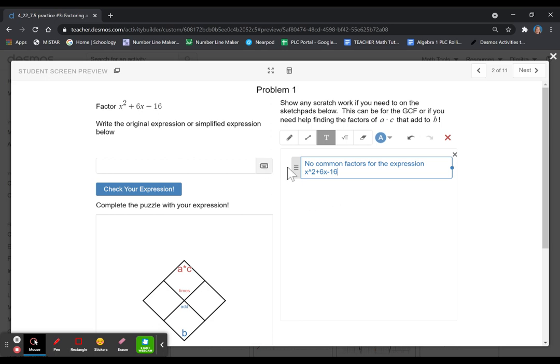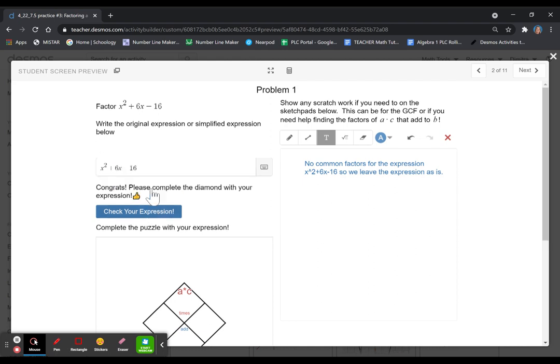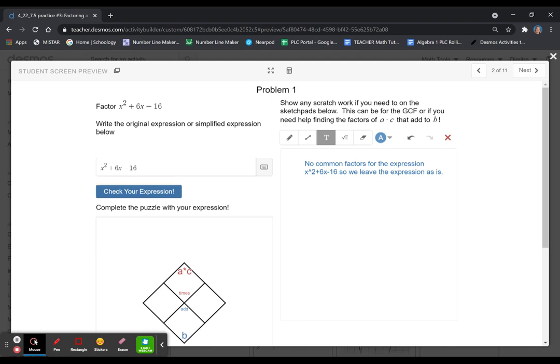Okay, so we leave the expression as is. All right, so we're going to put the expression here. So it's x squared plus 6x minus 16. Check your expression. Congrats, we got that right.